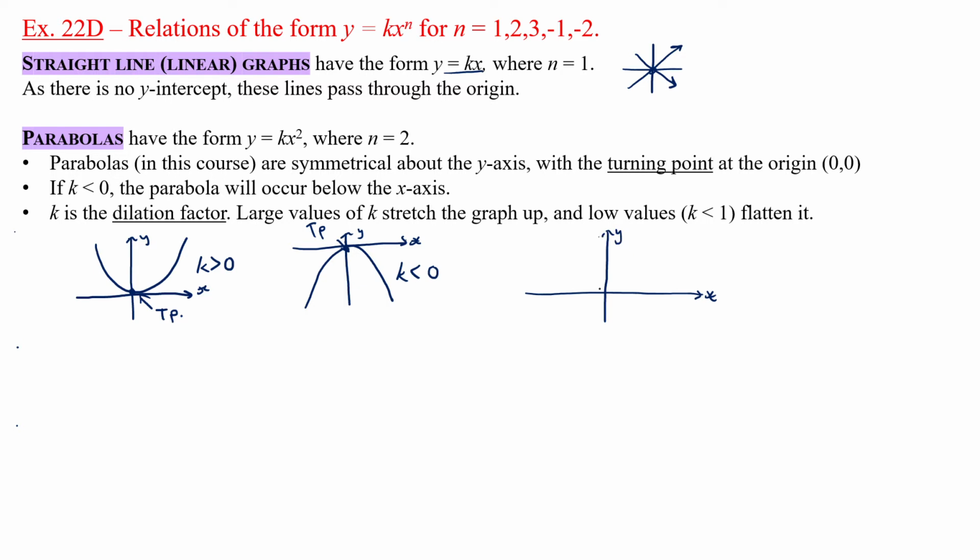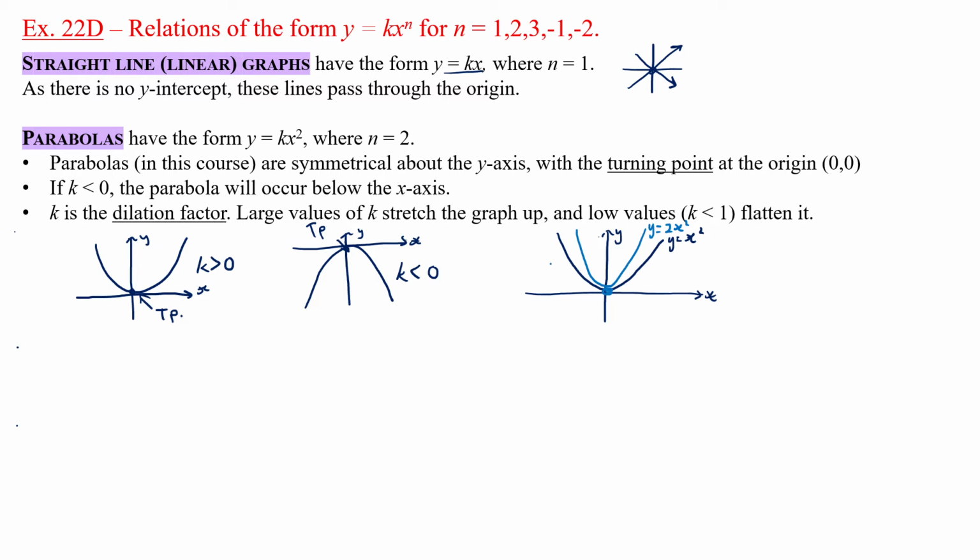If we have this here being our normal y equals x squared graph, and I was to increase the value of k and draw this graph, y in this case might be 2x squared. Sorry, it's very small to write in. So the turning point hasn't changed, but the graph has now sort of pulled upwards.